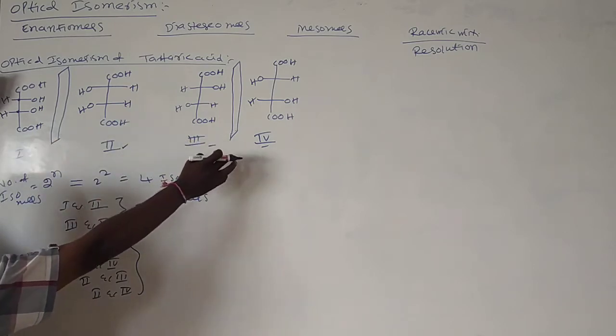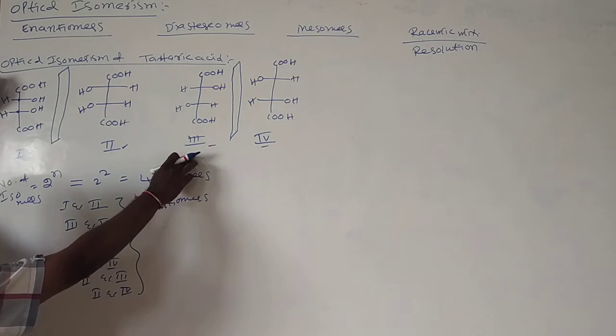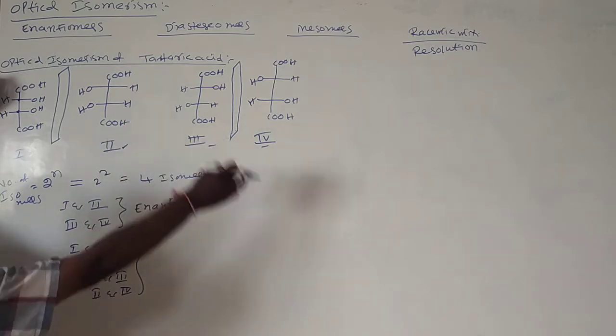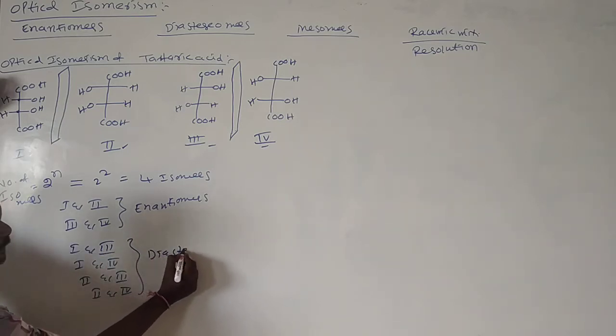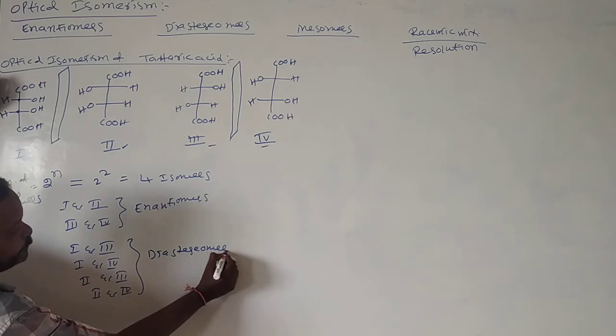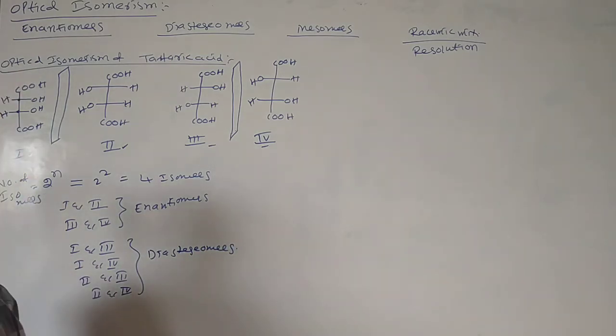All these pairs are called diastereomers. This is about diastereomers and enantiomers.